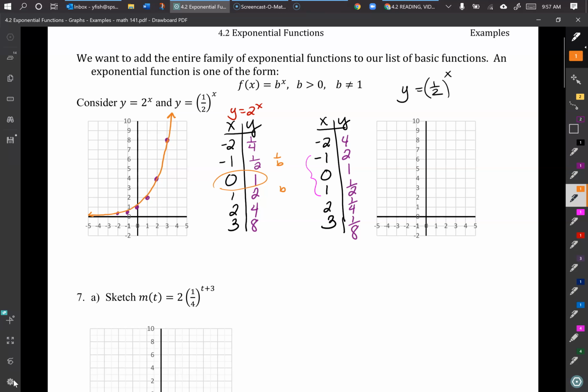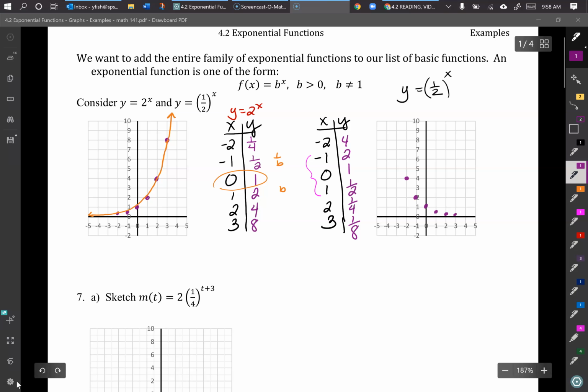Now I'm going to pause and get the rest of the points plotted in for the 1/2 to the x. So with this graph, just to remind you, when we have a negative exponent, then we're looking at the reciprocal, right?